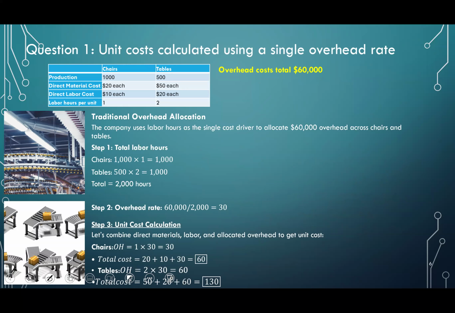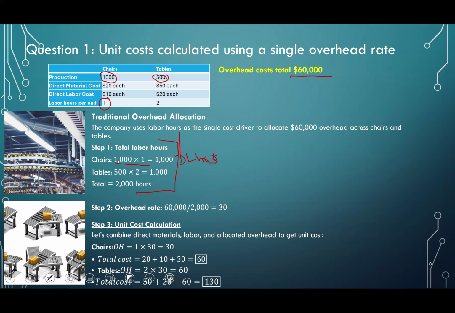Here is the traditional overhead allocation for you. What does that do? It takes $60,000 and divides it by the total number of direct labor hours. Now, this calculation is showing you how we got to the total number of direct labor hours. Notice that chairs take 1 hour each. So if I make 1,000 chairs and each chair takes 1 hour, then I would be taking a total of 1,000 direct labor hours to make all the chairs.